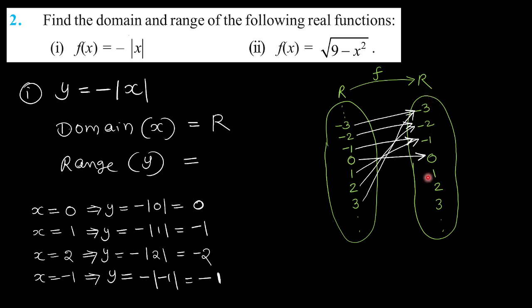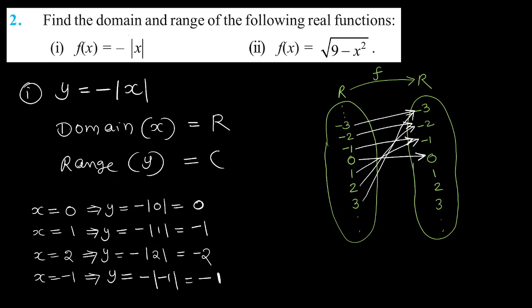No arrows going towards positive numbers 1, 2, 3, etc. All the arrows go to negative numbers, including 0. Negative numbers means minus 3, minus 4, minus 5, up to minus infinity. Understood?